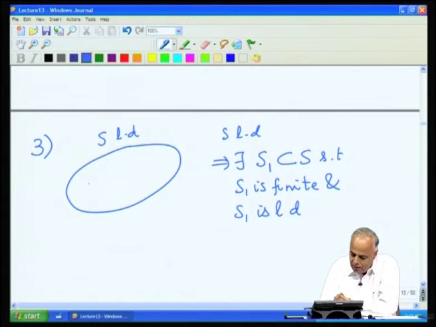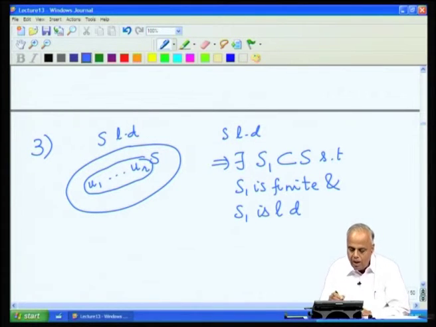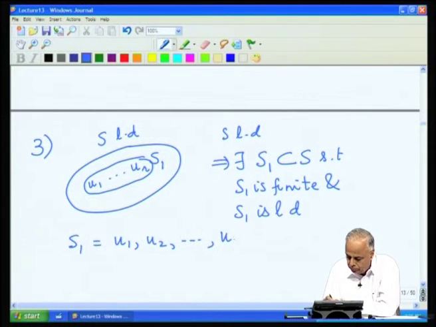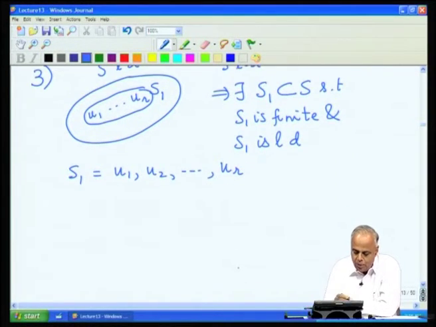So, here is this set S1, u1, u2, ur. So, I have a linearly dependent set. The moment it is linearly dependent, it must contain a finite subset S1 which is linearly dependent. So, we are writing S1 as u1, u2, ur. Now, since S1 is linearly dependent, what does that mean?